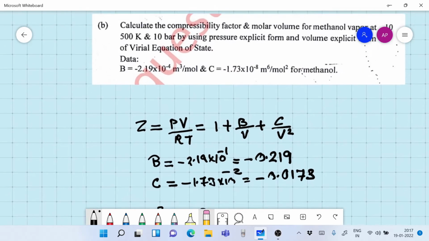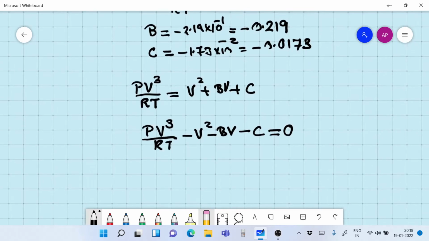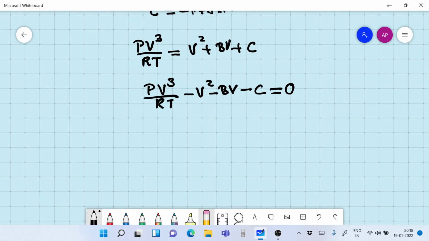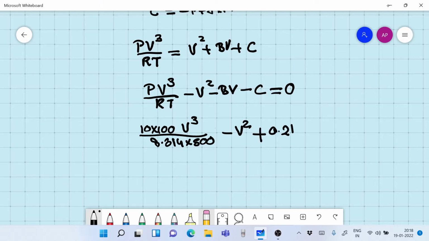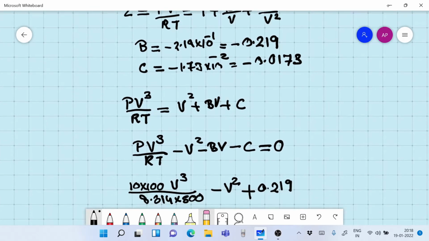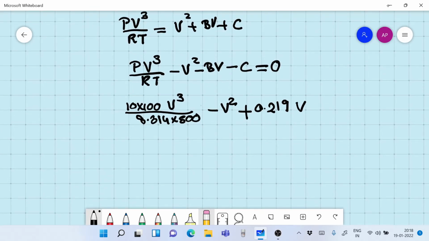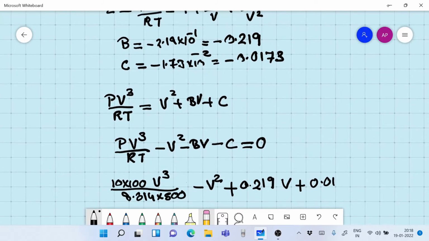Now we have the pressure at 10 bar and temperature at 500 Kelvin. So 10 bar is going to be 10 into 100 kilopascals, V cube over 8.314 into 500, then we are going to have minus V square plus 0.219, I guess that's the value, right, V plus 0.0173.